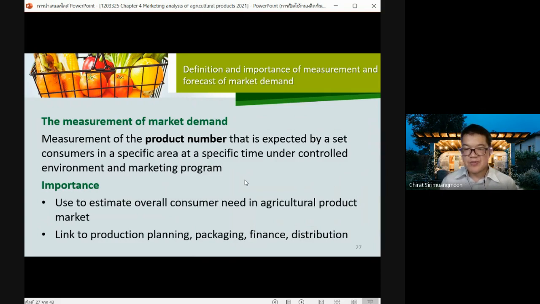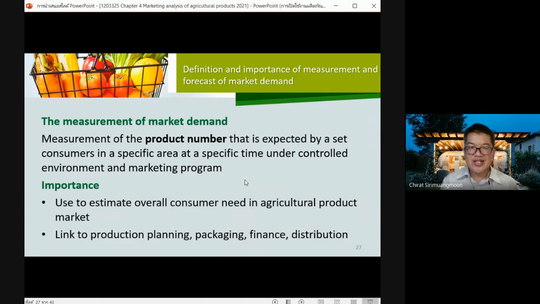My target group is people who love to have good health, health conscious people concerned about health consumption, aged around 30 to 55, like this. Then I can see how often they buy my product, what is the number of the products that they bought, and also what are the factors that link to the purchase. So this is how I measure the market demands.